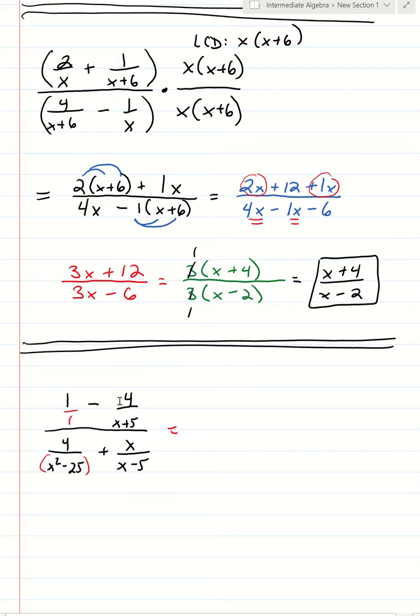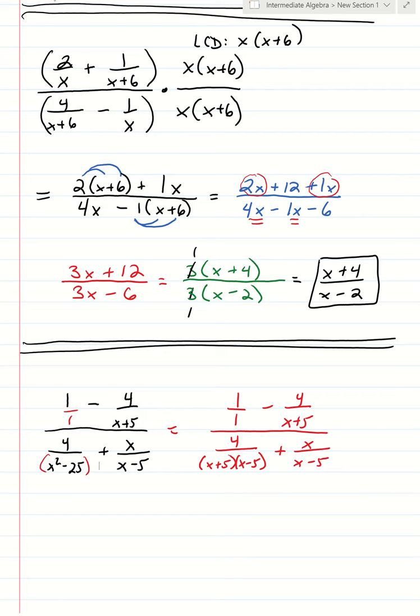So I'm going to leave the top as it was, 1 over 1 minus 4 over x plus 5, over 4 over, now this polynomial I'm going to factor down because I know it to be x plus 5 times x minus 5, plus, now we have this last fraction, x over x minus 5. So factor any polynomial in your denominator first, okay? Because that will help us identify the lowest common denominator.